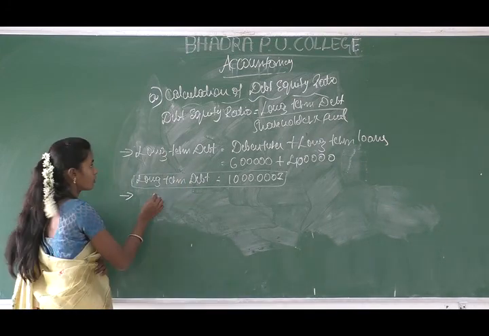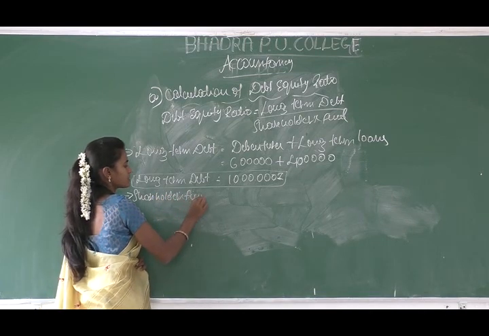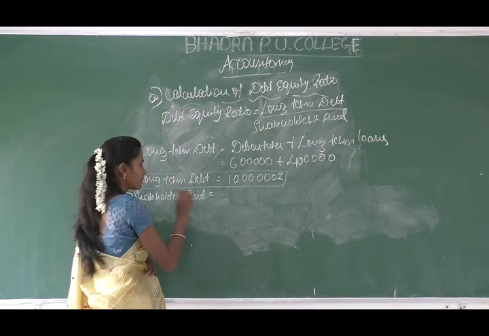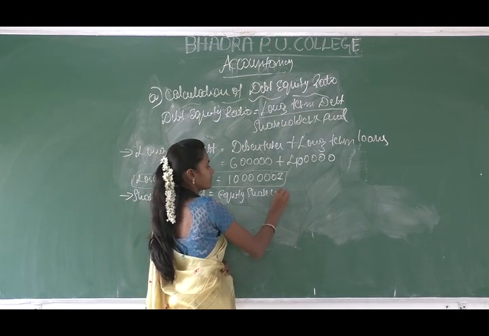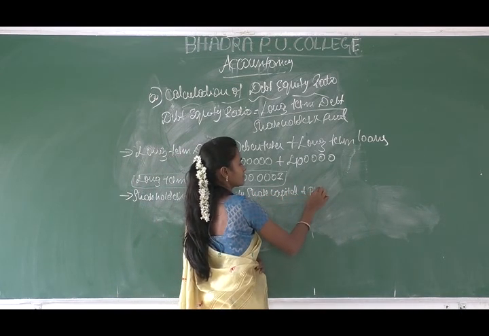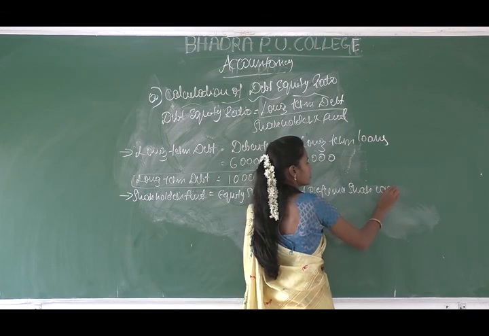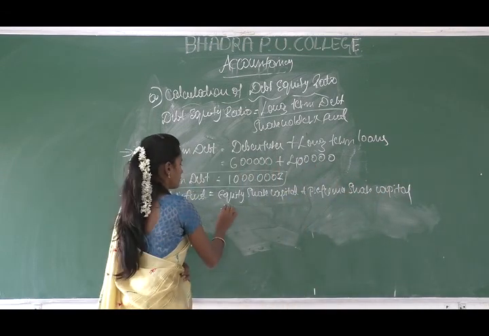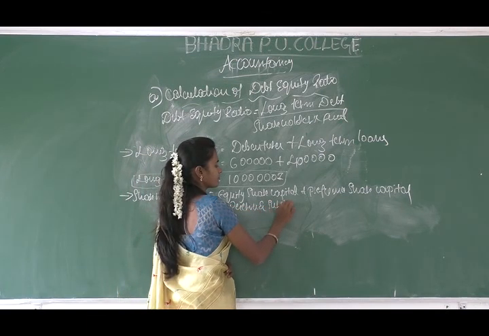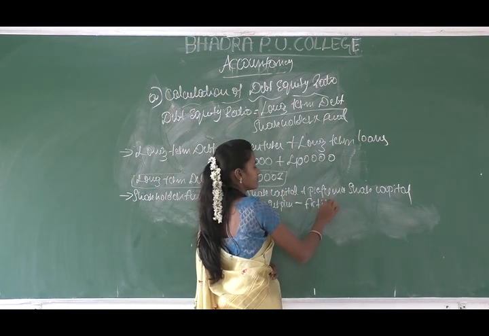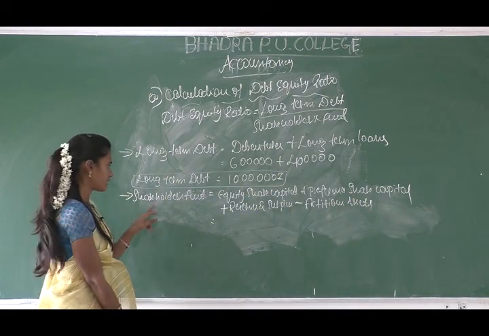Shareholders fund is equal to equity share capital plus preference share capital plus reserves and surplus minus fictitious assets. This is the formula for the calculation of a shareholders fund.